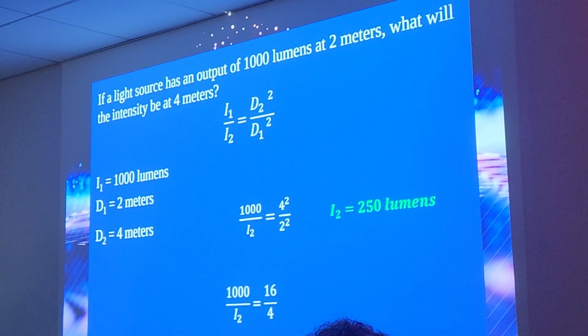Is lumens measured universally, like SI and metric or Imperial? I would have to look at it. This was just an example, this won't be on the test. I won't ask you what's the SI unit for lumens. Cool.